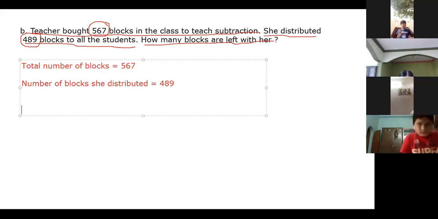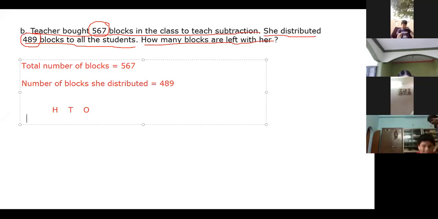Now what's our next step? Our next step is we have to arrange them in ones, tens and hundreds column. So our first number is 567.